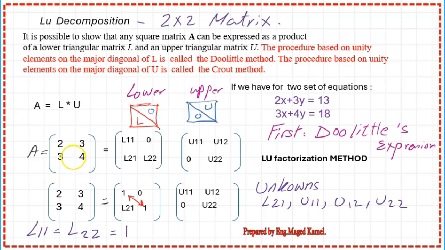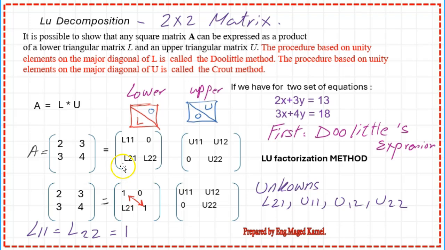If A is equal to the product of L by U, it means that when I multiply this by this, I will get the value of A. So each component can be represented by the product of L and U.